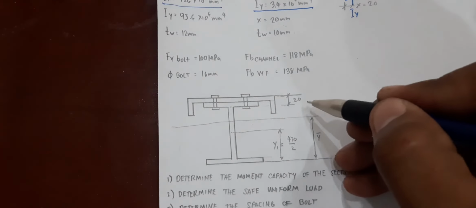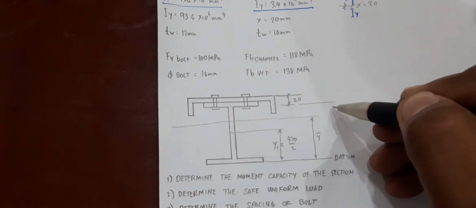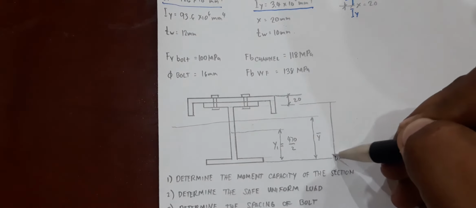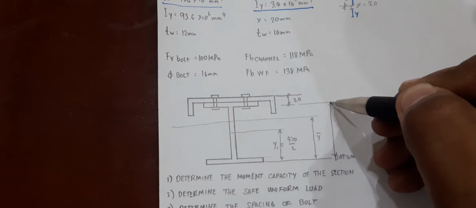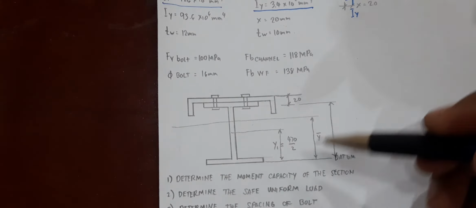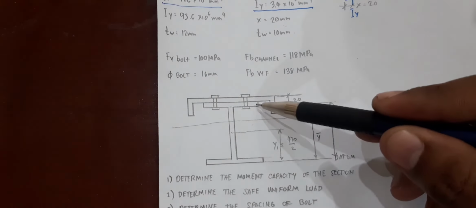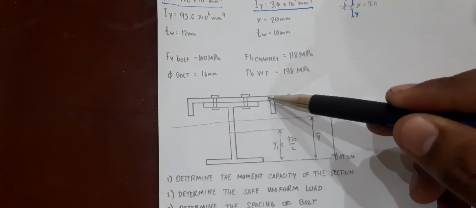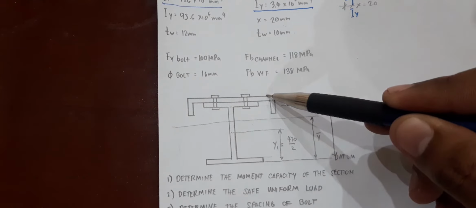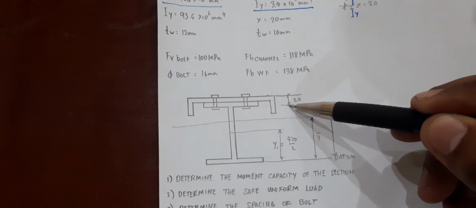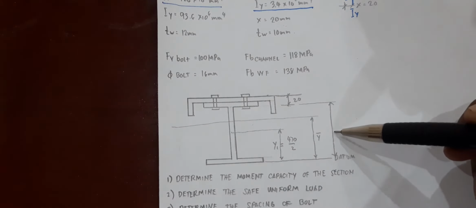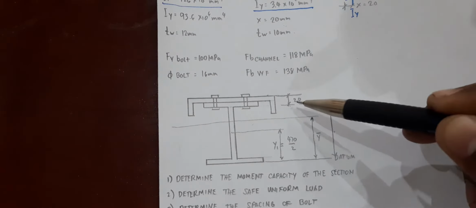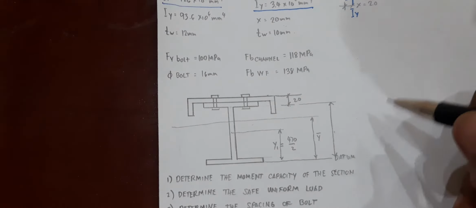So basically, from this point to the datum, we can calculate that. It would be the height of the wide flange section plus the thickness of the web of the channel minus 20. Then that would give you the location of your centroid with respect to the datum.